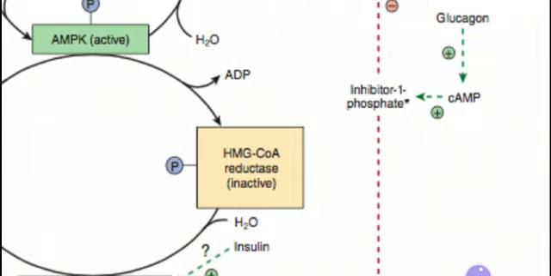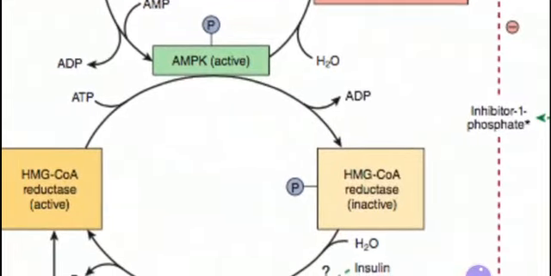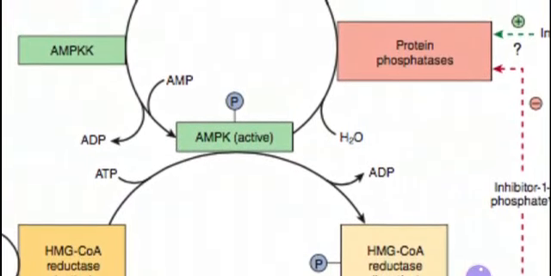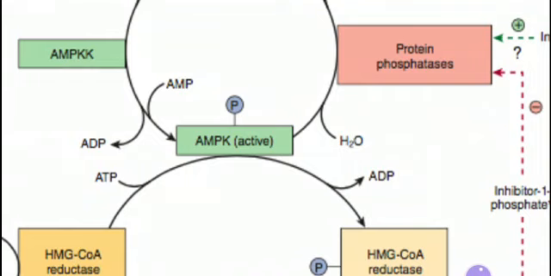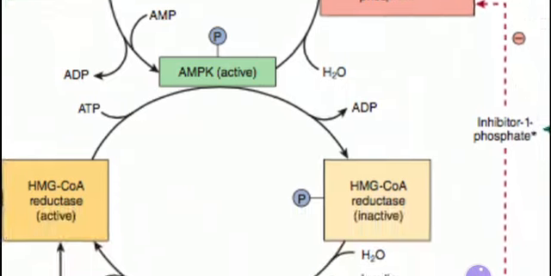Its phosphorylation is done by AMPK. AMPK is AMP activated protein kinase. Kinase is the enzyme which will phosphorylate the protein.